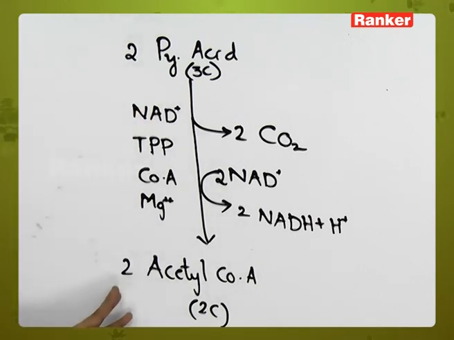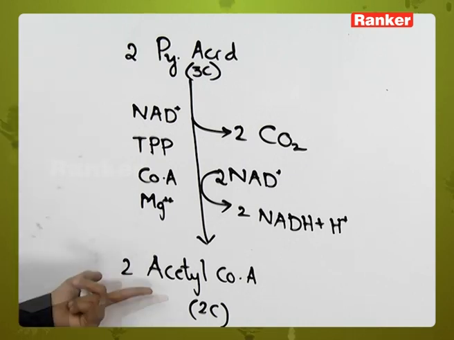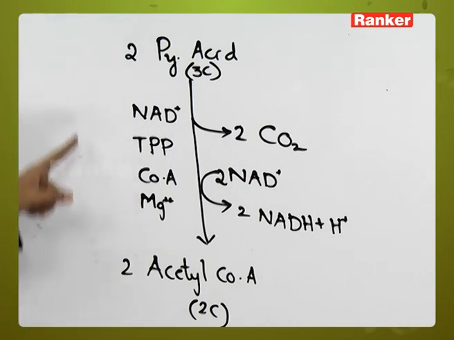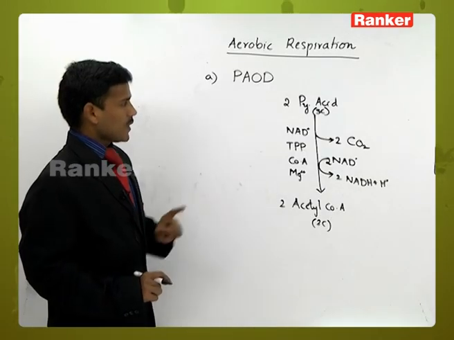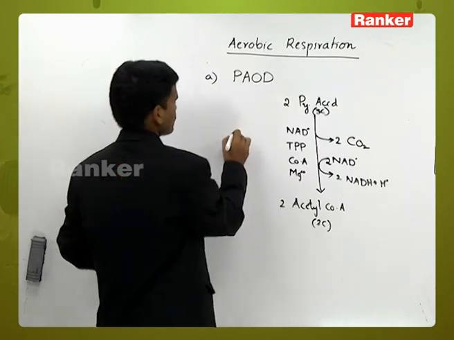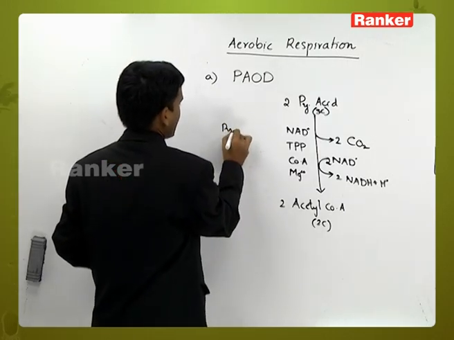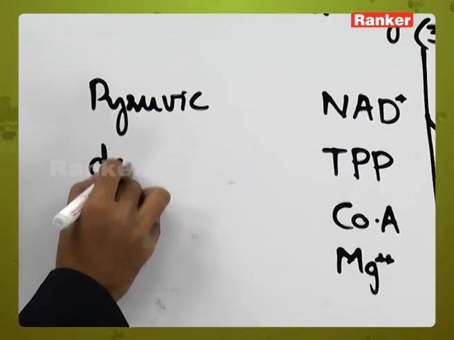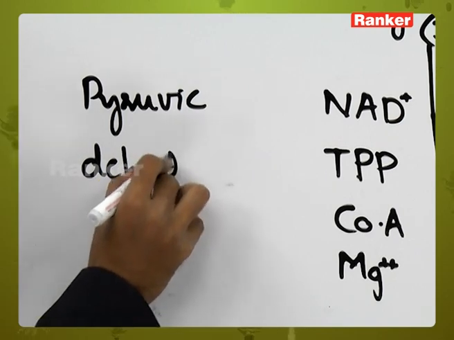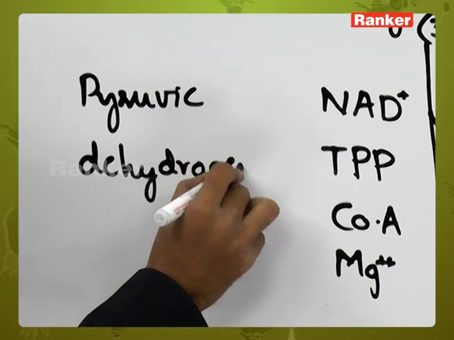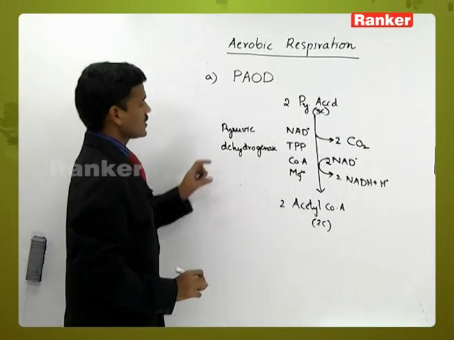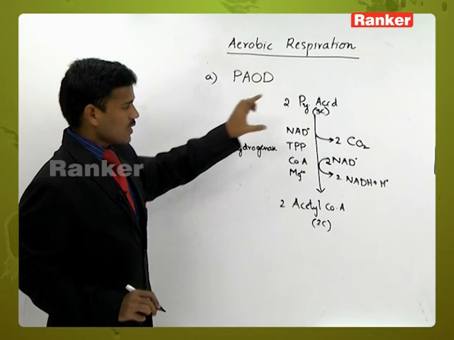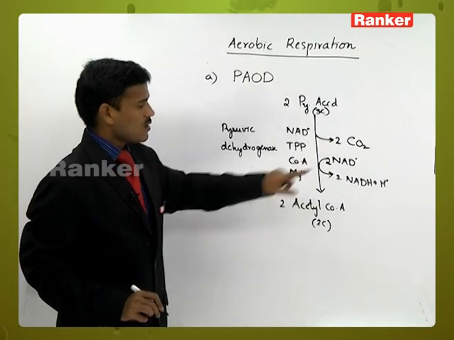In this single step, pyruvic acid undergoes oxidation and decarboxylation. At the end of this reaction, 2 molecules of acetyl coenzyme A are produced. This reaction is catalyzed by pyruvic dehydrogenase, an enzyme complex involved in carbon dioxide removal and the oxidation process.